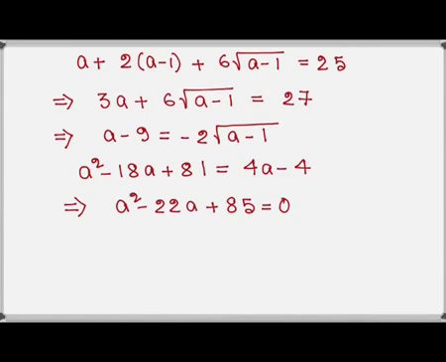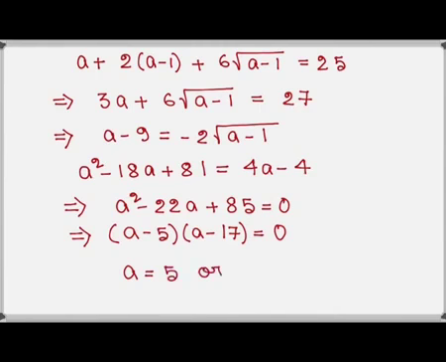We can easily note that this implies a minus 5 into a minus 17 is equal to 0. Therefore, a is equal to 5 or 17.